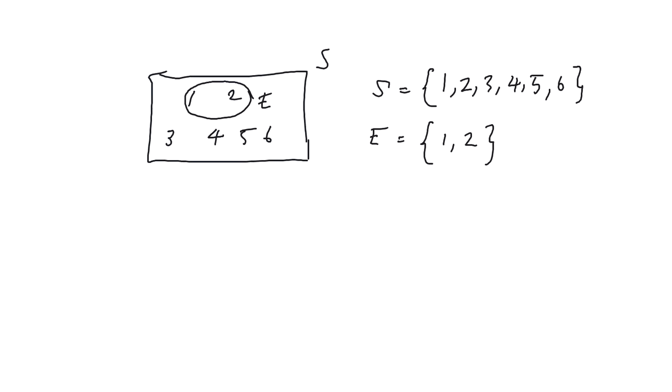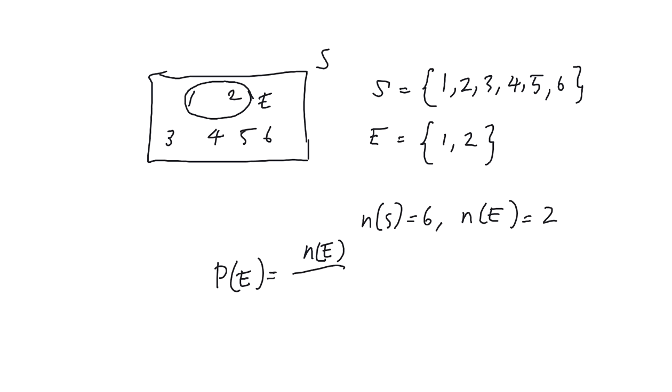So n(S) is 6, and n(E) is 2, right? So we can ask a question: the probability of event E is n(E) over n(S), which is 2 over 6. That's the probability of getting event E.